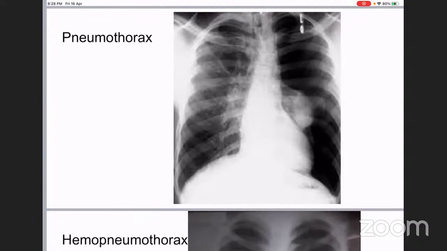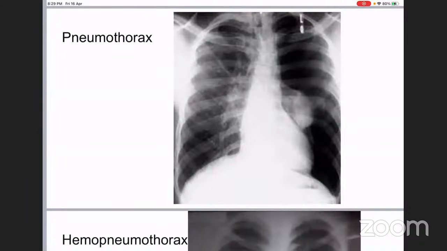Can you see something along the left cardiac border? Is the left cardiac border entirely normal? What is that grayish thing that you see? Collapsed lung. Very good. So what has happened here is there is accumulation of air in the pleural cavity, because of which the lung has collapsed to this size.